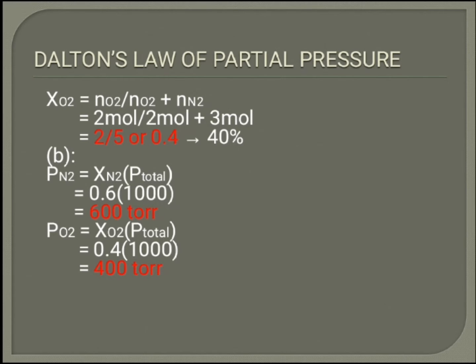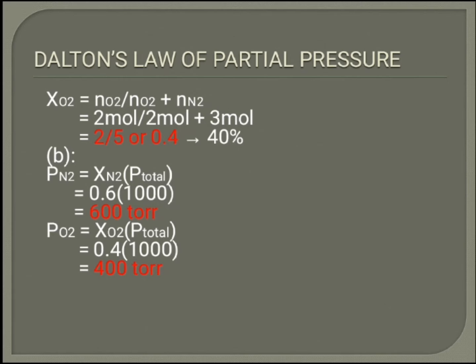So let's start with the partial pressure of N2. You can find it by taking the mole fraction of N2 multiplied by the total pressure. The mole fraction is 0.60. The total pressure is 1000, so therefore the partial pressure of N2 is going to be 60% of the total pressure, which is 600 torr.